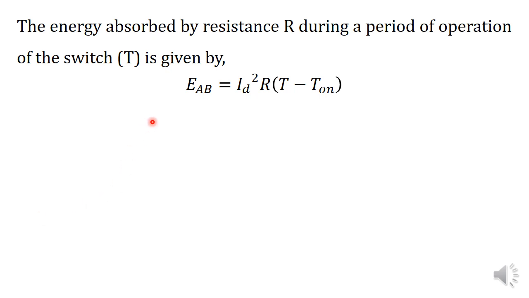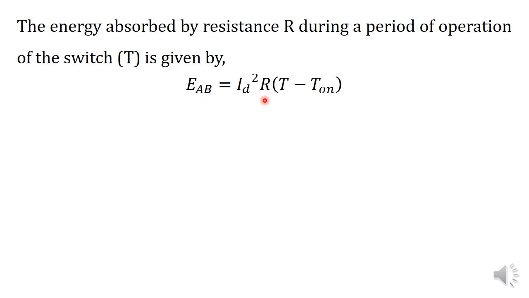T on plus T off of the switch will give you T. We are considering a particular period of operation, that is EAB is equal to ID square R into the time for which the resistance comes into action. That is, when the resistance is included in the circuit.